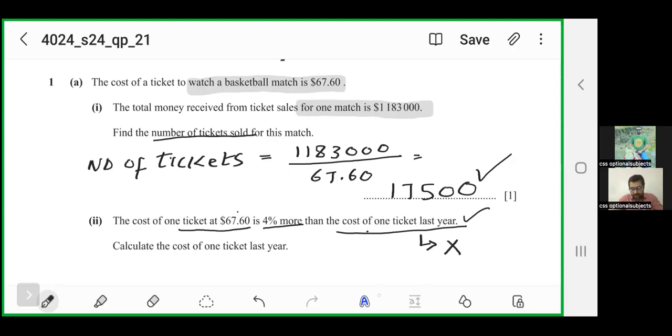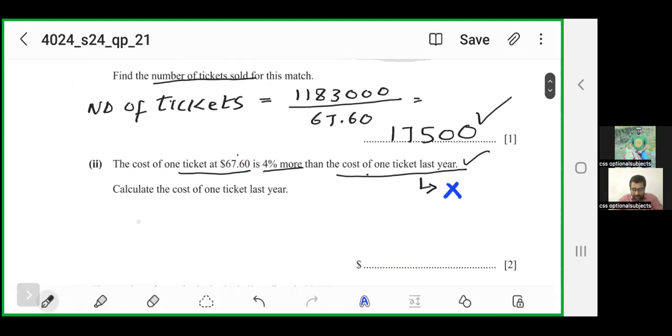This year, the cost is 67.60, and this cost is 4% more than the cost last year. So, according to the situation, the cost of the ticket was X last year, and we have to increase this cost by 4% of X, meaning 4% of last year's cost will be added to last year's cost.